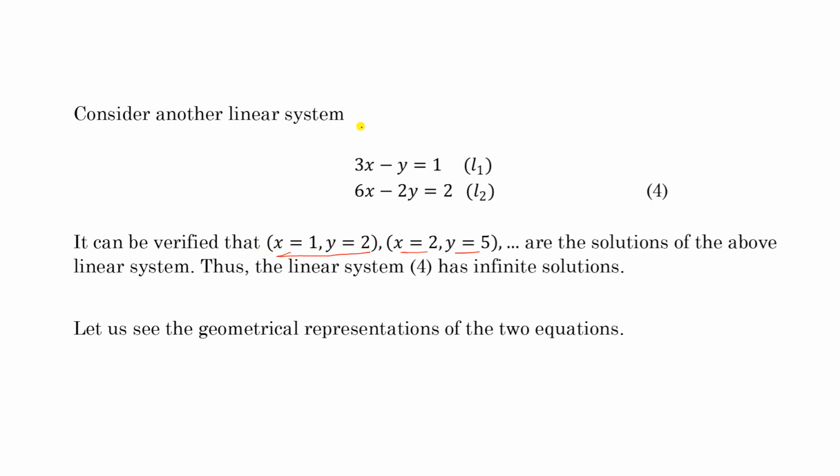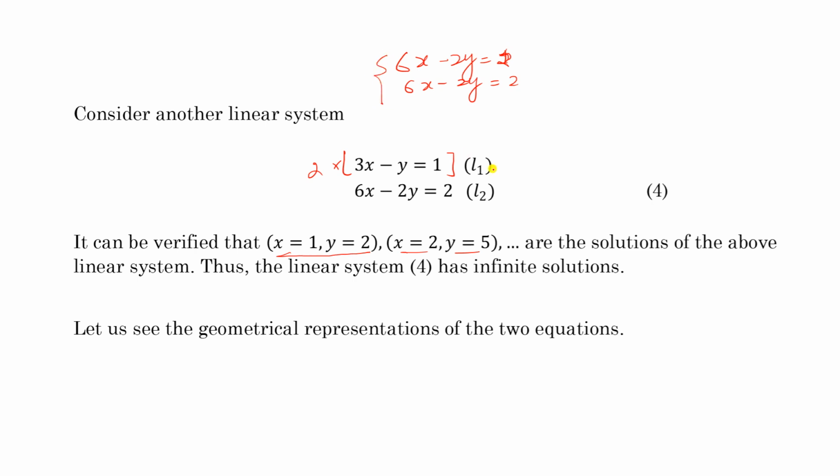So multiply the first equation with 2. This is 6x minus 2y equal to 2. Sorry, this is 2, we have multiplied by 2. The second equation is 6x minus 2y equal to 2. So look at this, both are the same.